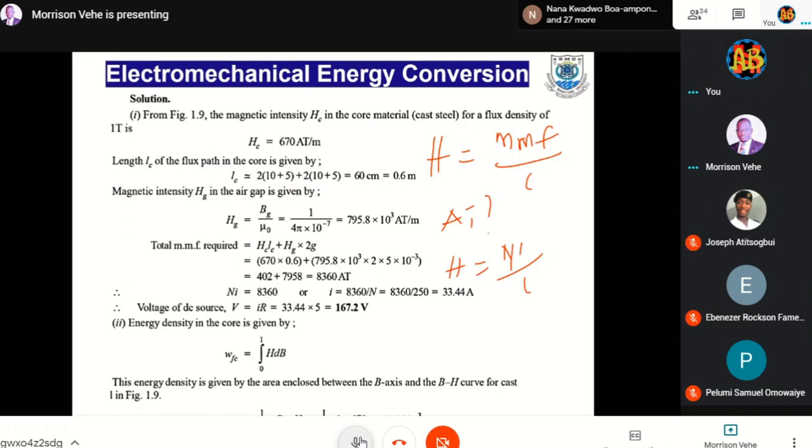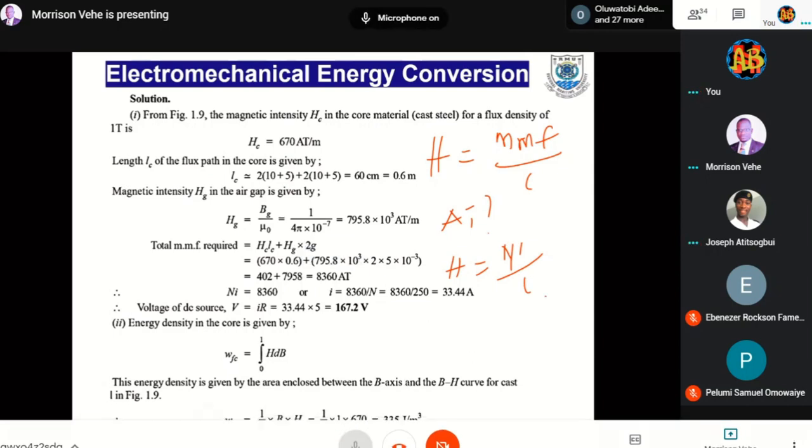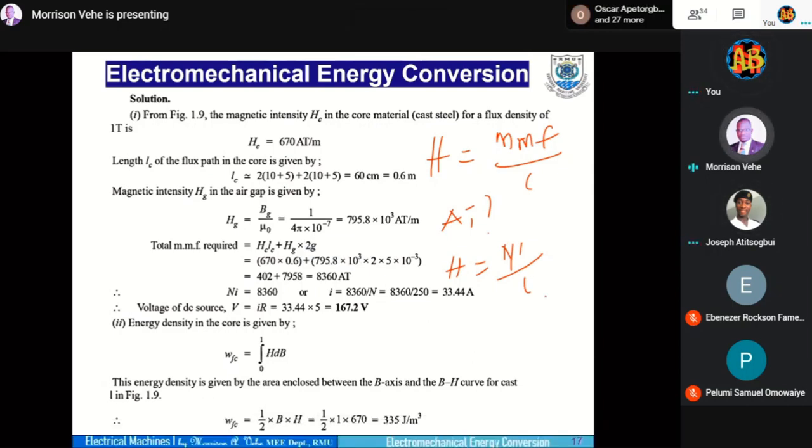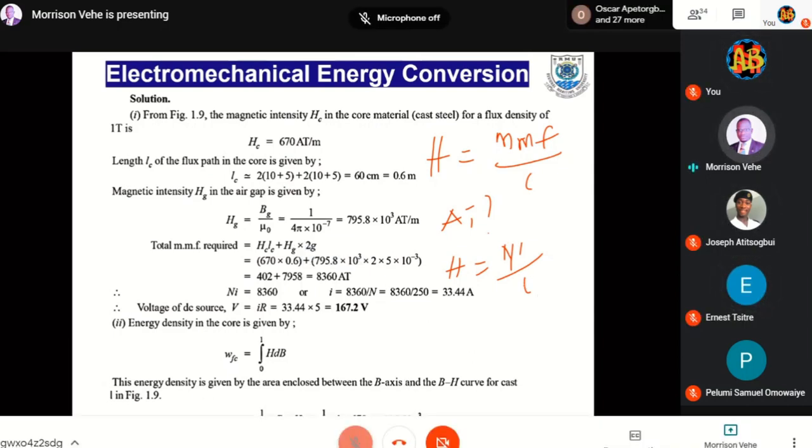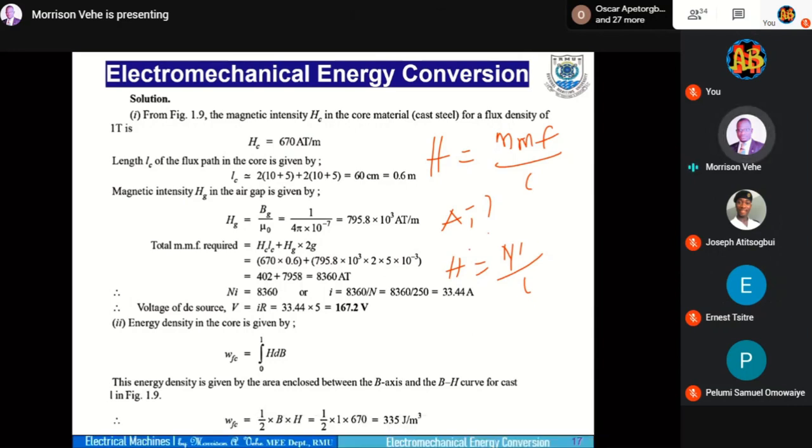So N is for the number of turns, and I is for the current, right? Okay. So all over L. When you go back to your magnetic circuit studies, these are things that you have looked at some time back. Okay, so we continue.